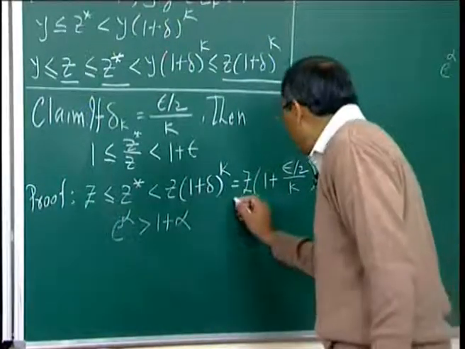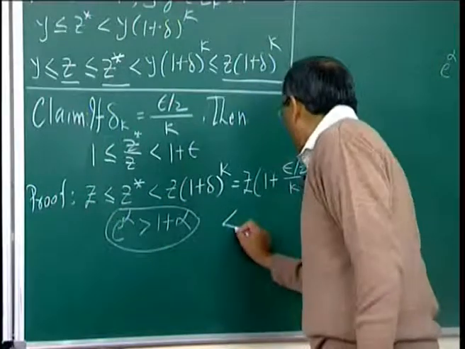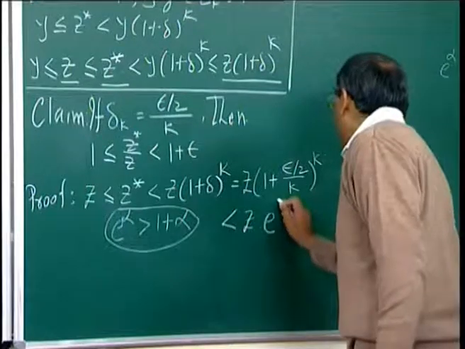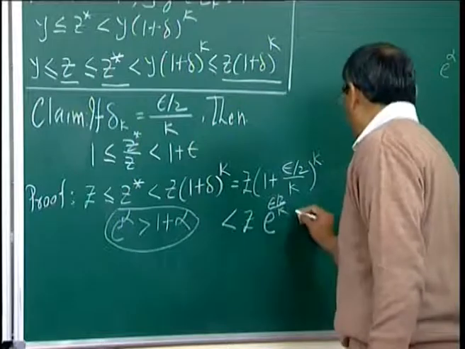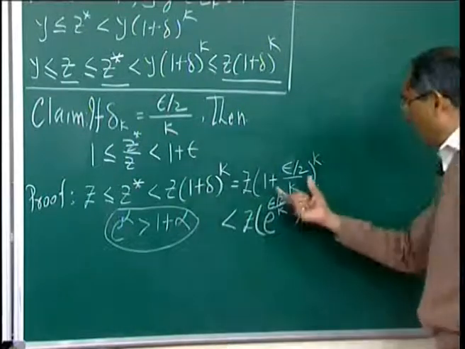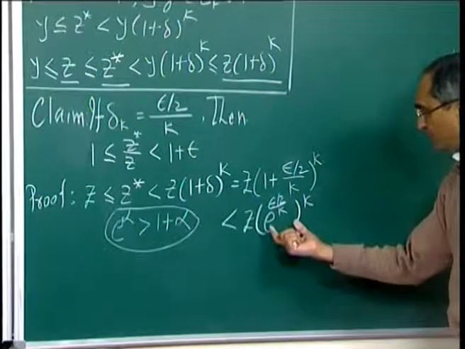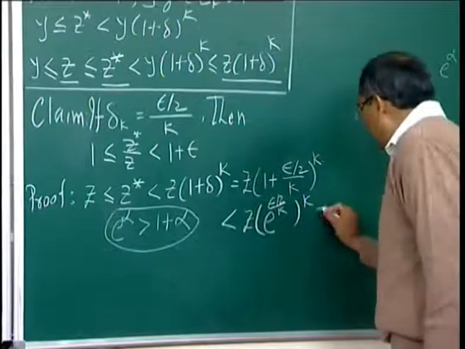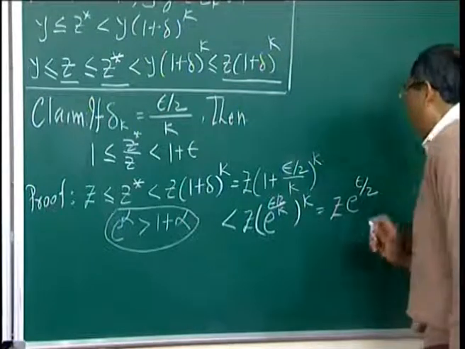So, based on that we are getting, this is Z times e to the power epsilon by 2k, whole thing power k. So, I have replaced 1 plus epsilon by 2k by e to the power epsilon by 2k, which is the same as Z times e to the power epsilon over 2.